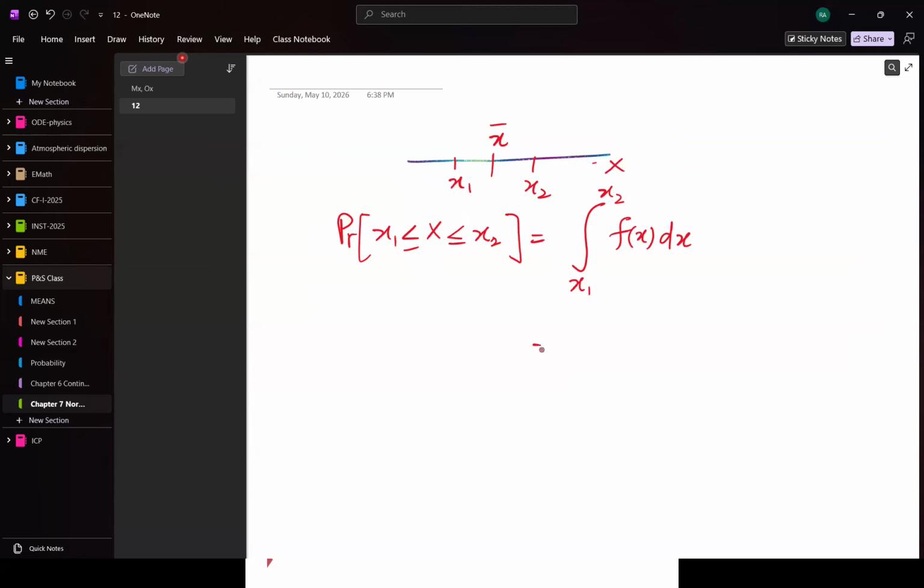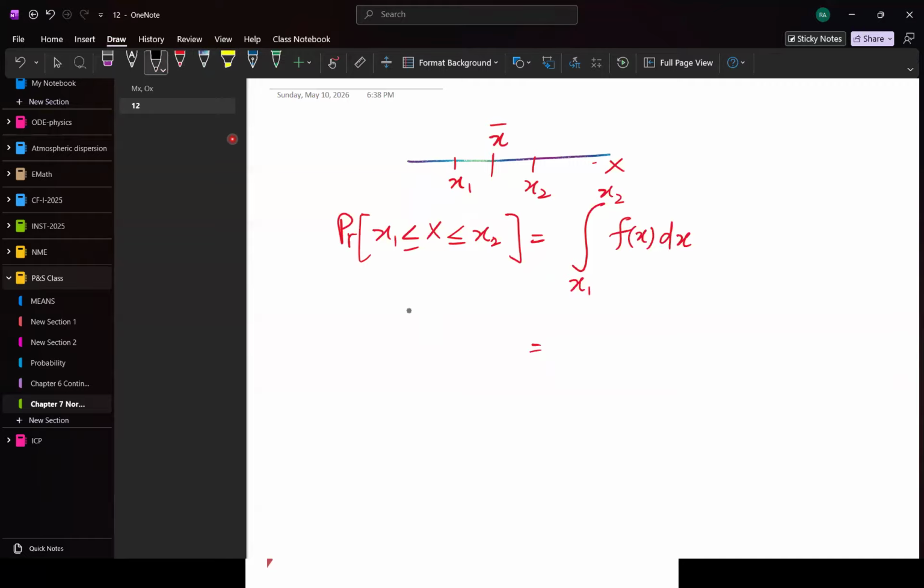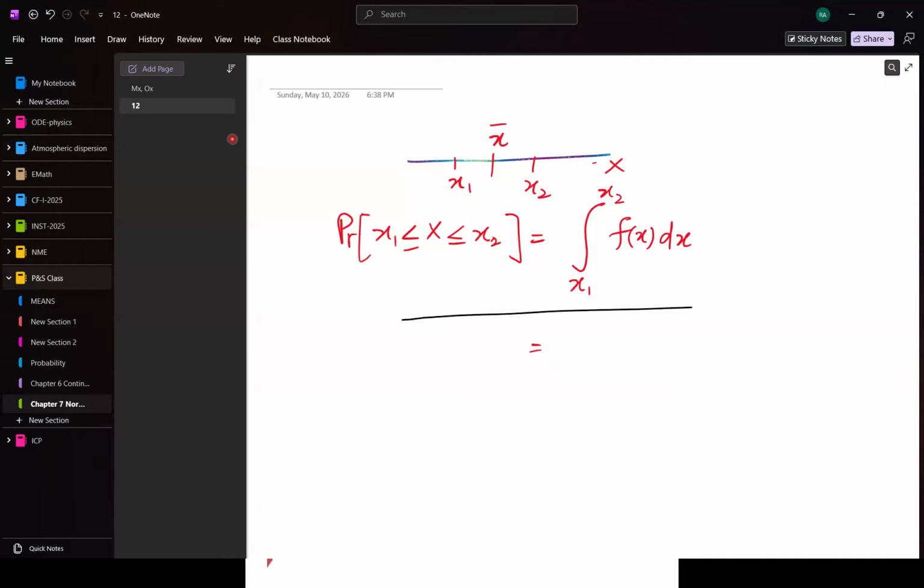This is going to be equal to, when we see it in the transform domain Z, x1 corresponds to a value z1 and x2 corresponds to a value z2, and the mean value corresponds to a z mean value, mu z, equal to 0.